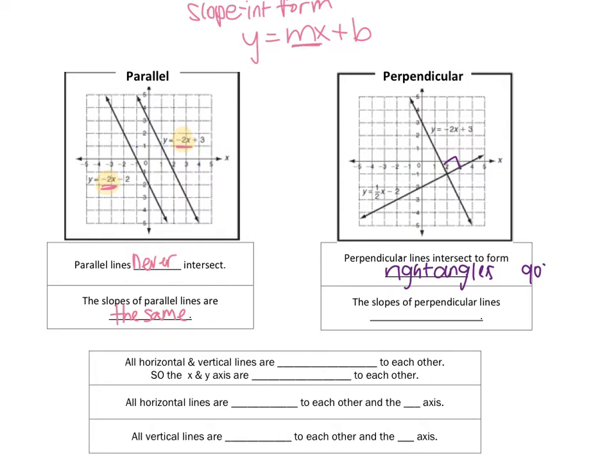So, if we're looking at our slope for perpendicular lines, we have 1/2 and negative 2. Does anybody remember what we learned about as far as the slope goes, what we called that? Does the term opposite reciprocal ring a bell?